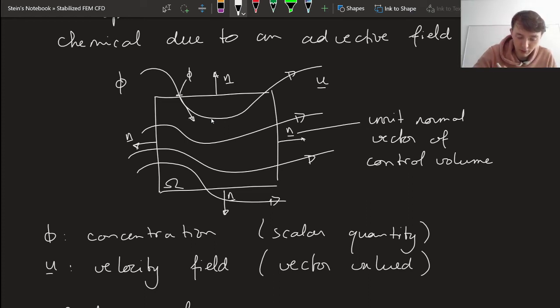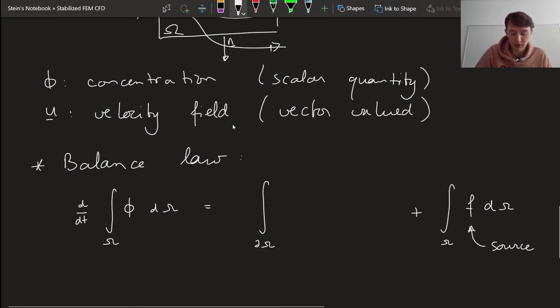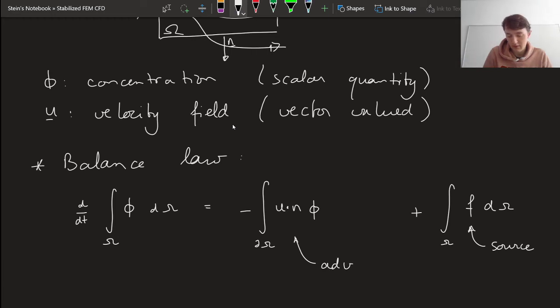So we have u dot n. And of course, because these signs are opposite, we're going to have to introduce a negative sign. So we get minus u dot n times phi. So this is our advective transport, which is the advection.